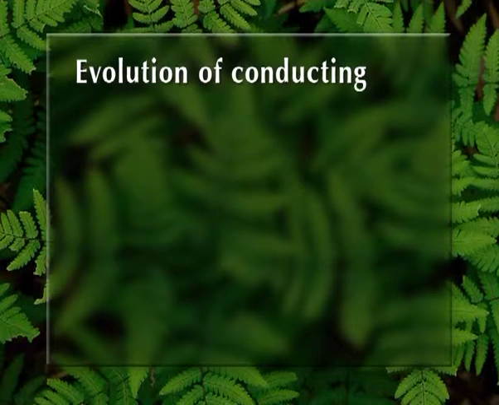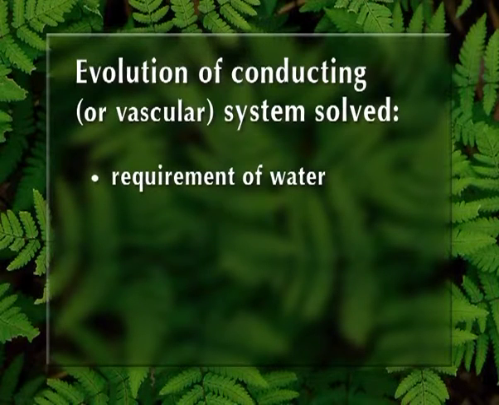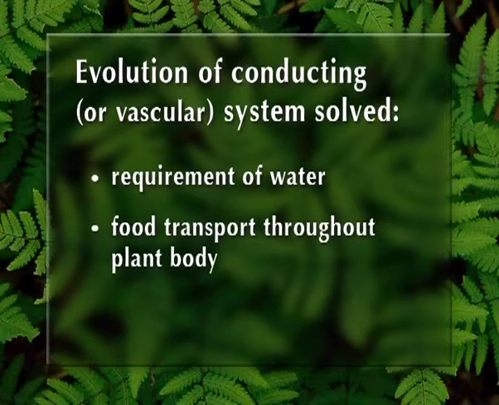The evolution of this conducting system solved, number one, the requirement of water, and number two, the food transport throughout the plant body, which is an essential requirement for an organism to grow on terrestrial land.